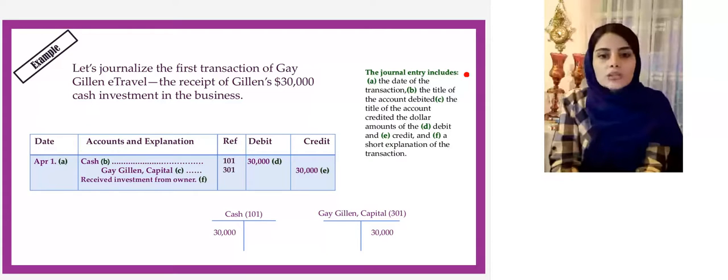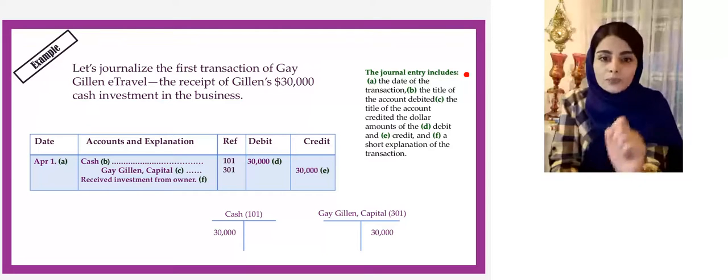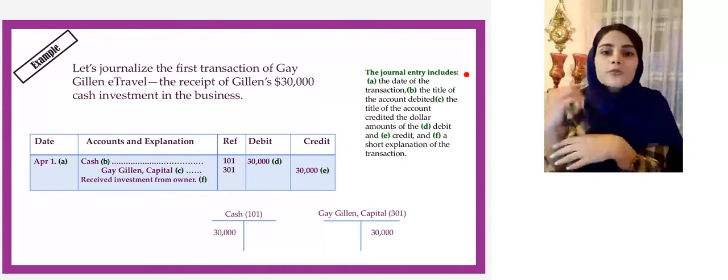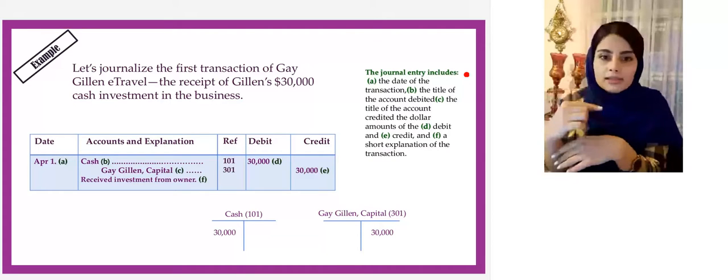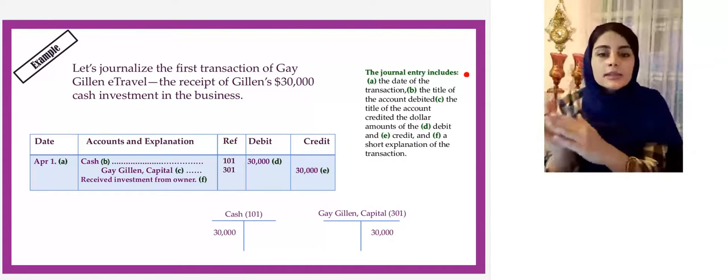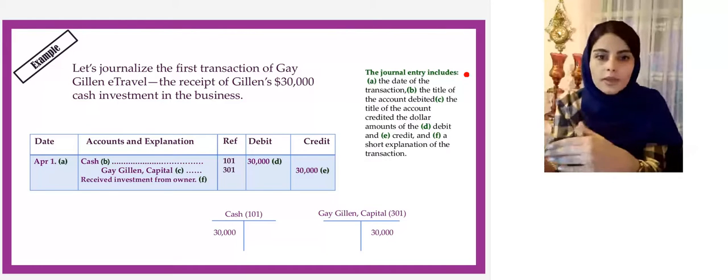The next number, which is 0, shows that cash is a current asset. If it is non-current or long-term, we should put 1. And the next one shows that cash is the first item of our assets. We use post references for assets, liabilities, and owner's equity, for all of them.